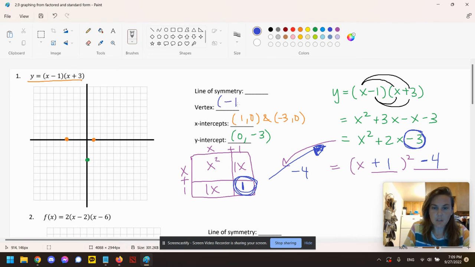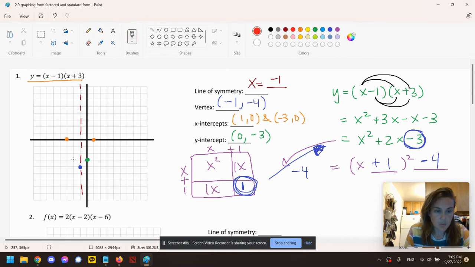Which tells me that my vertex is (-1, -4), because the -1 is in parentheses, I flip its sign. The -4 is not in parentheses, so I don't flip its sign. The line of symmetry is always x equals some number, where the number is the x coordinate of the vertex.